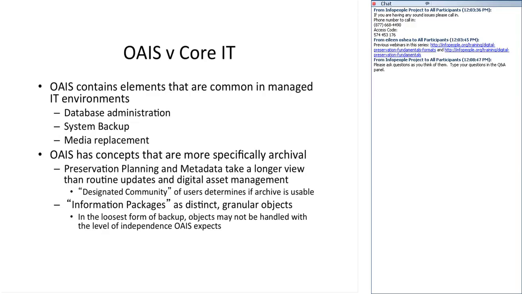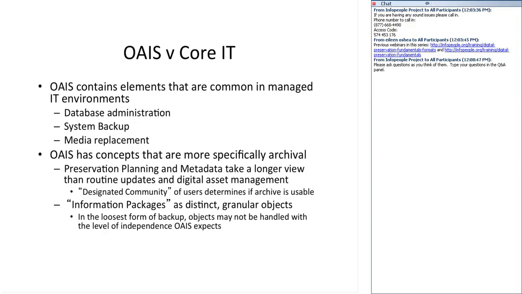On the other hand, digital preservation has some concepts that are more specifically archival. And two of the ones that I think are most important to think about are preservation planning and metadata. Because in our world, we take a longer view of this than we would need to do routine updates to a system or to do digital asset management the way that many people in the commercial sector do. And so for us, a designated community of users, an understanding of who will be using this material and for what purposes over a long time is really important.